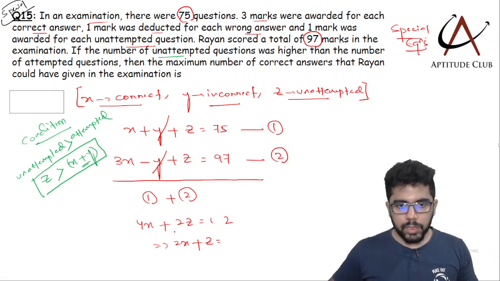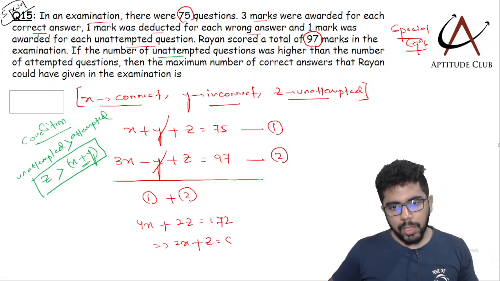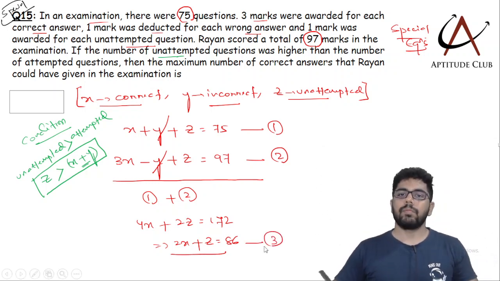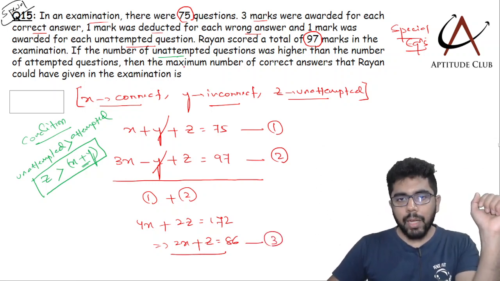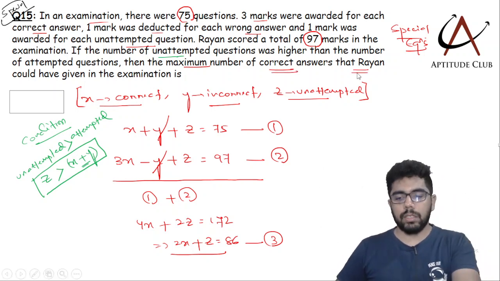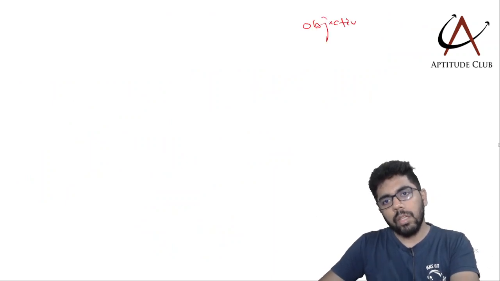So 2X plus Z will be 86. Let this be equation 3. We have to find the maximum number of correct answers by Ryan. The objective is to calculate X maximum.